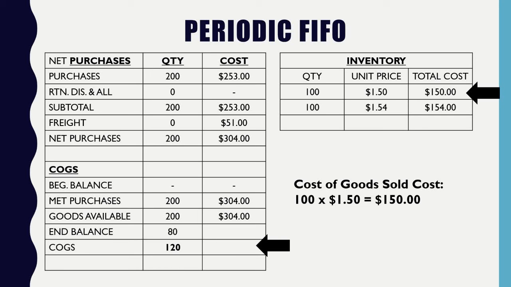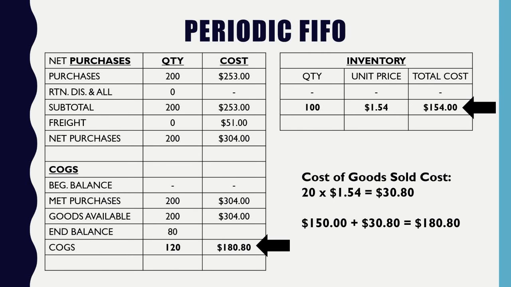Okay, so once you've done that, now you only have 20 items left to sell. And the only batch remaining is that second batch of 100. So there are only 20 items left to sell because you already sold the first 100.